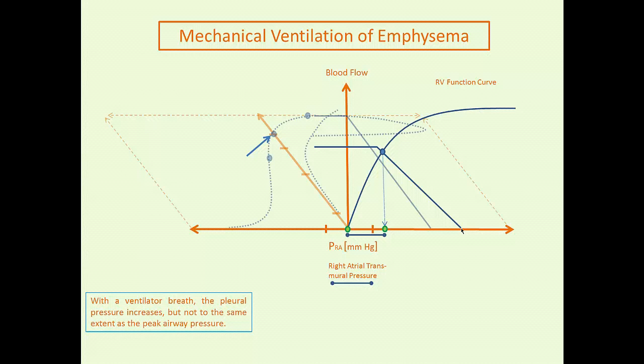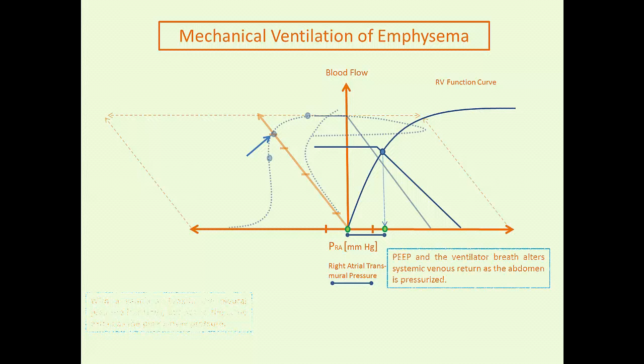As you apply PEEP, there's actually an increase in sympathetic tone that tends to recruit unstressed volume into stressed volume, and therefore increase your mean systemic pressure. So even though your central venous pressure has increased from the baseline state, your distending pressure may have decreased a little bit.